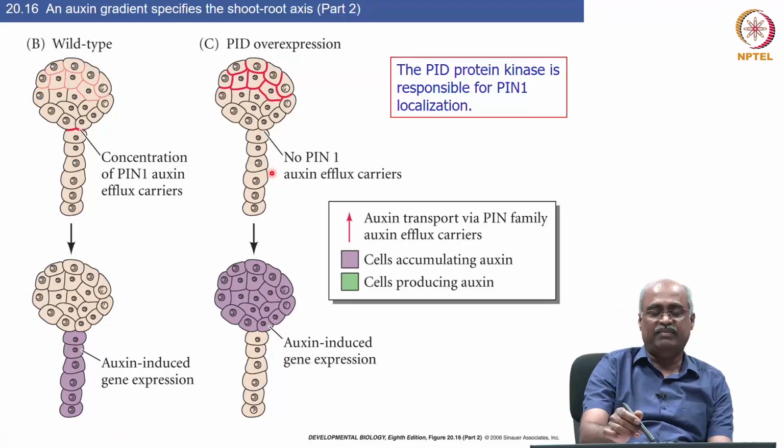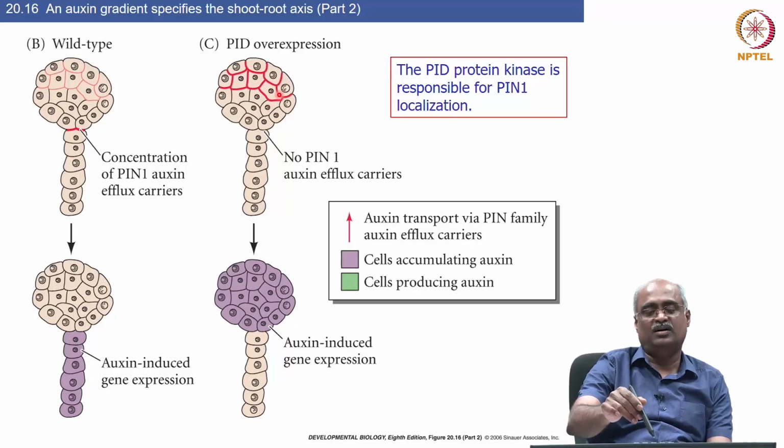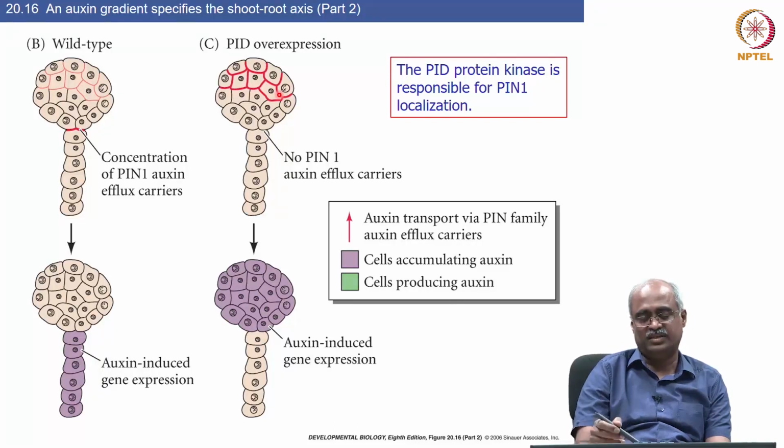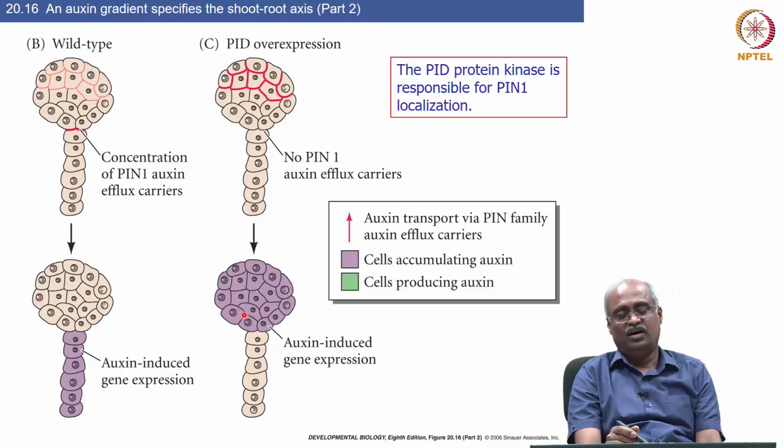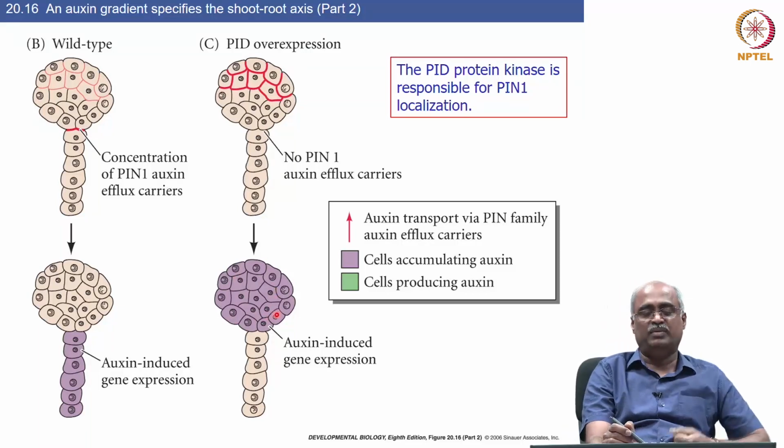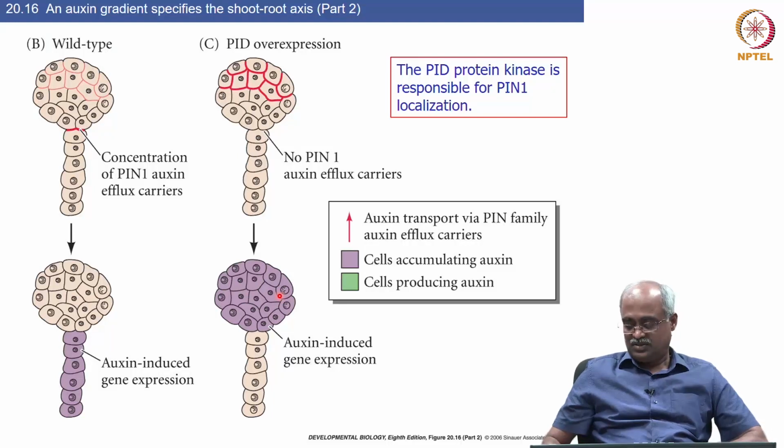On the other hand, when you do not have that PIN1 concentration there, auxin flows everywhere, and as a result these cells start expressing auxin target genes, and due to that you have root like structures forming everywhere, and that abrogates the normal embryo development.